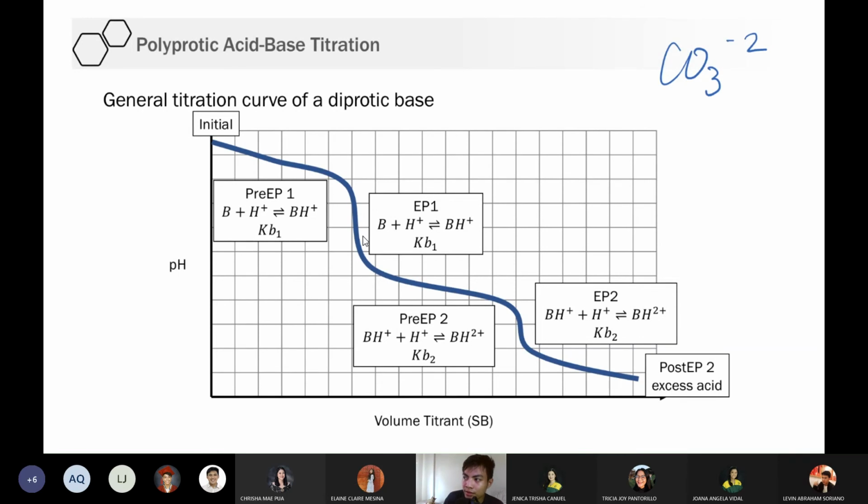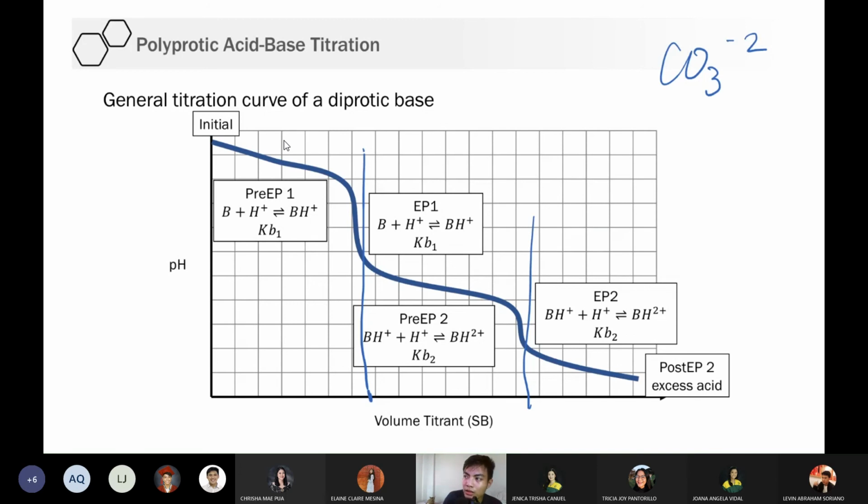So, first hydrogen, second hydrogen. Neutral na siya. Mapansin nyo rin, dalawa yung kanyang endpoint. So, kung ilan yung ml to reach this, ganun din karami yung ml to reach that. Kung 10 ml to, that means ito ay 10 ml din. Kung 3 ml to, 3 ml din yan.